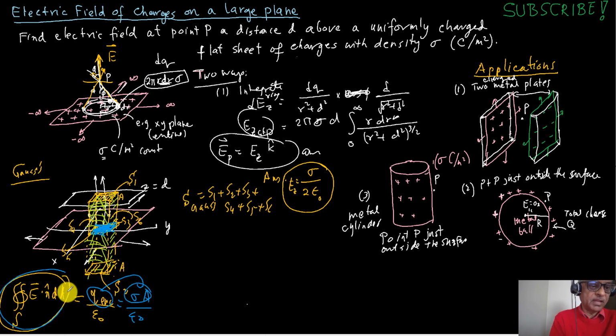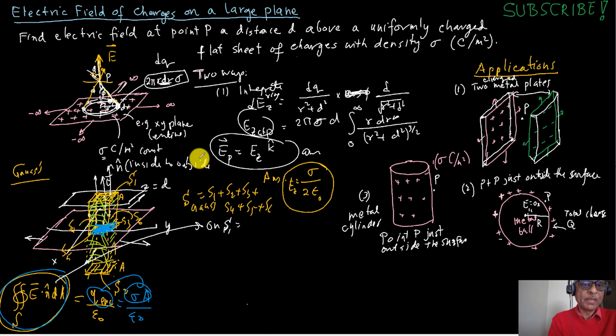Now the left side is going to give me a contribution on each one of these surfaces. So on S1, I call the field E, so E times A, because n hat is the normal from inside to outside. That's the direction of the normal in this formula.